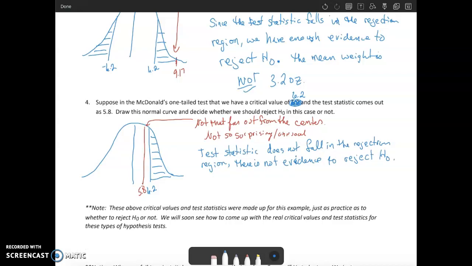So we do not have enough evidence to reject. So we say we fail to reject the null. So in that case, we have to stick to the original idea that the mean value really is 3.2.